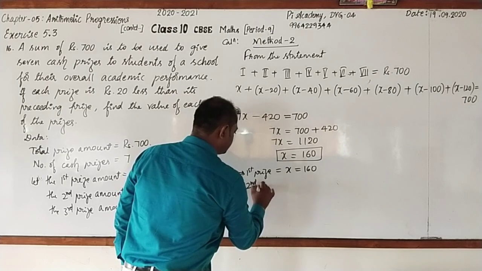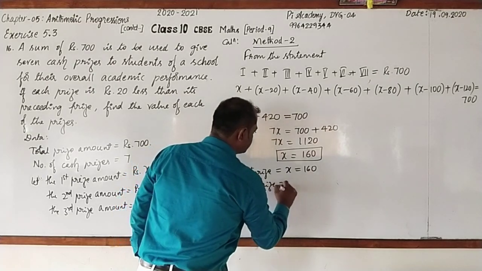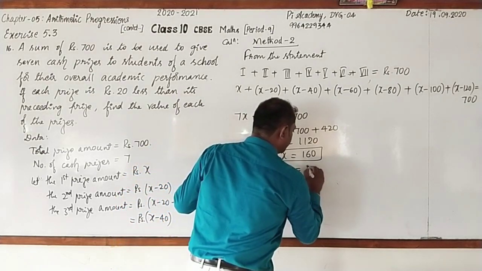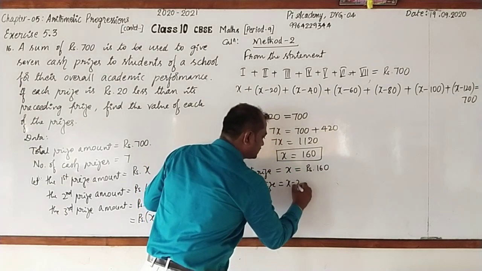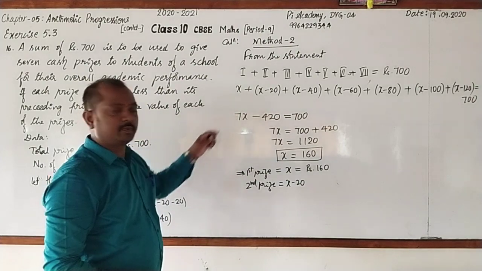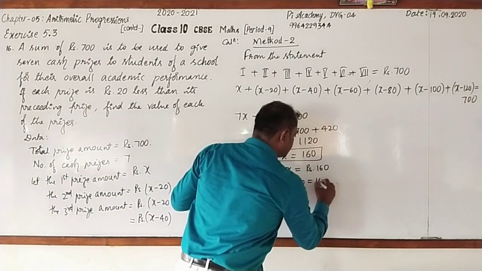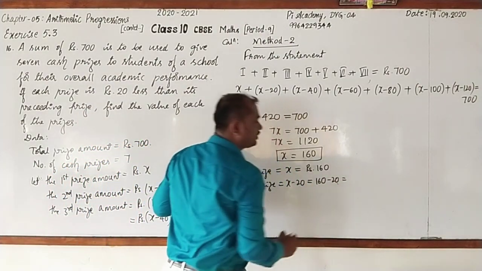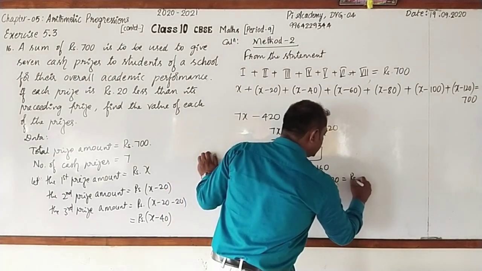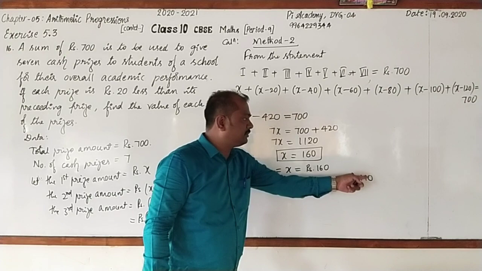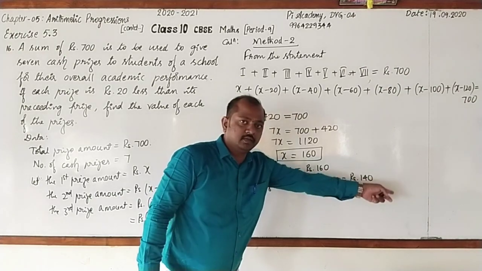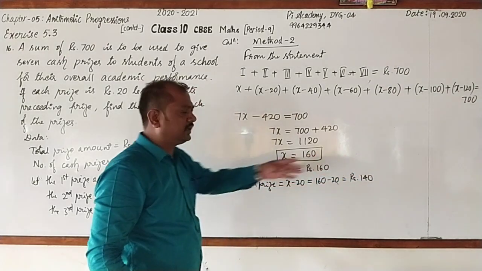Then second price amount is, here only I will write the amount, rupees 160. Next, this is X minus 20, right? X minus 20, this is 160 minus 20 is equal to rupees 140. Or else we can also write directly 160 minus 20, 140 minus 20, 120 minus 20, like this.